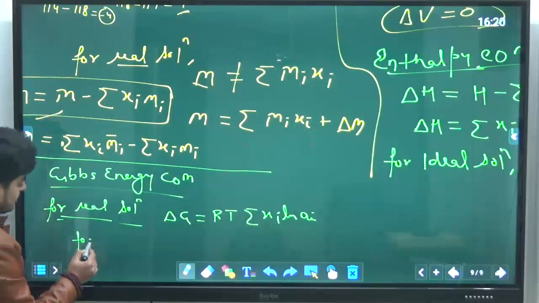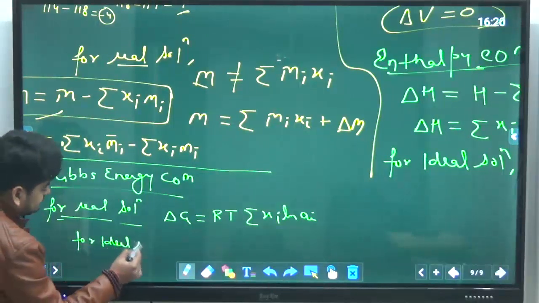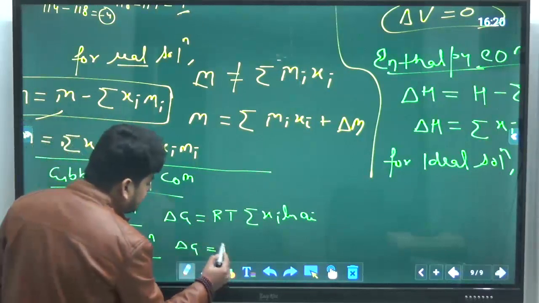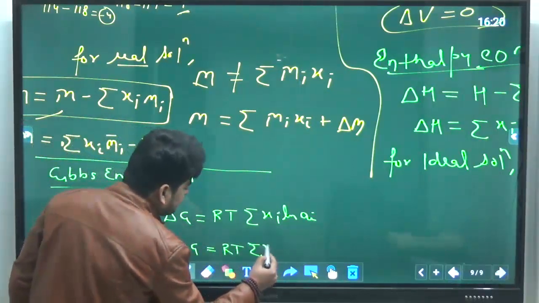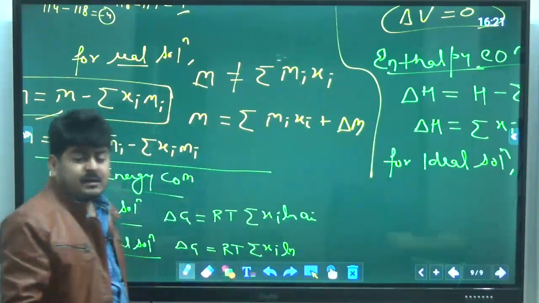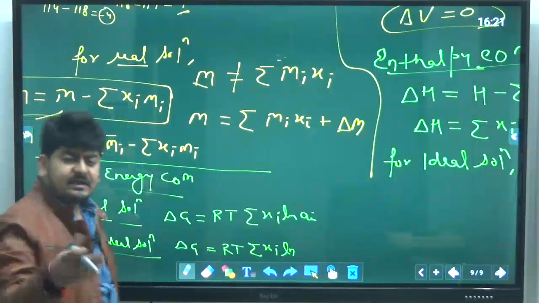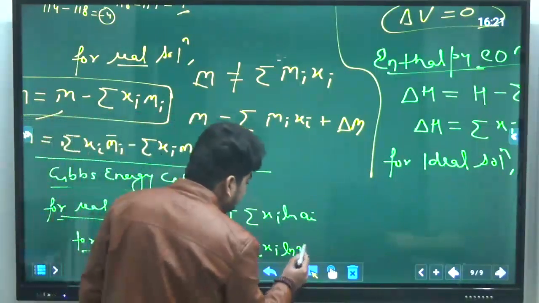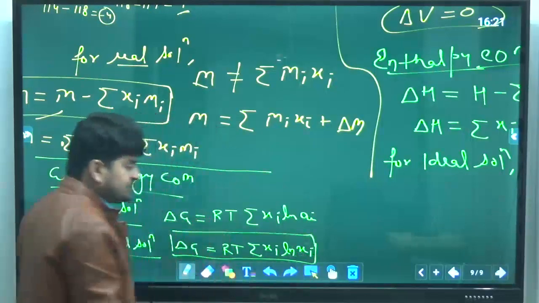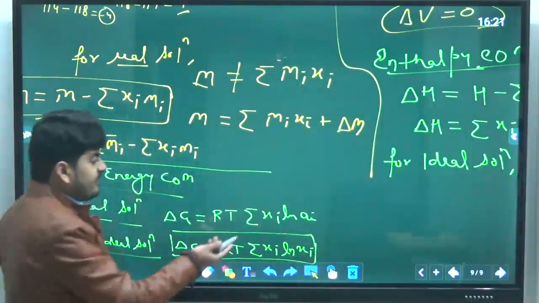Okay, so for ideal solution, delta G will be equal to RT summation Xi ln Ai, and for ideal solution we know that Ai is equal to Xi, so this will be the Gibbs energy change of mixing for ideal solution.